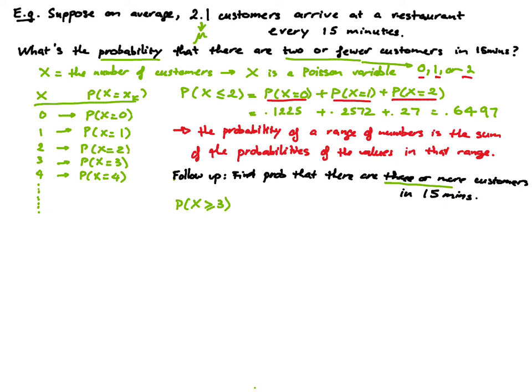Now if we apply the same principle that we talked about in the previous part, then what you want to do is take the probability that x is 3 plus the probability that x is 4 plus the probability that x is 5 plus dot dot dot.